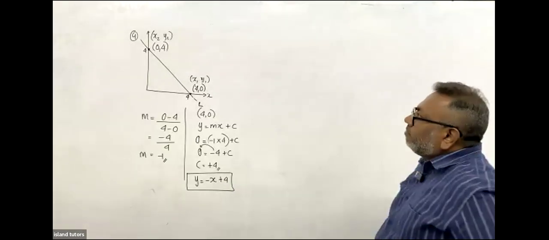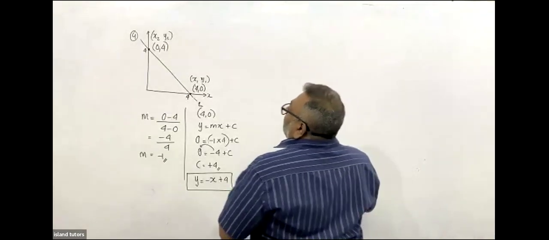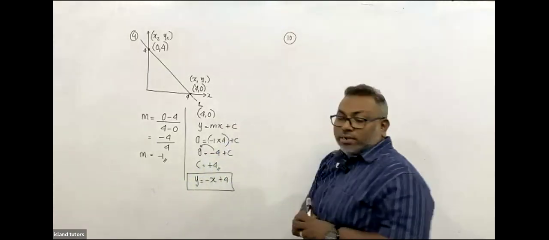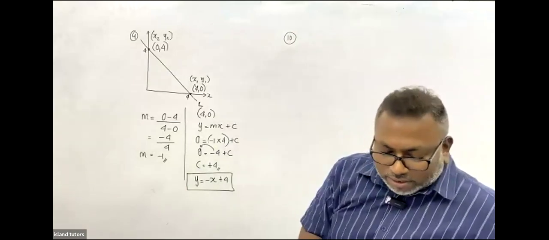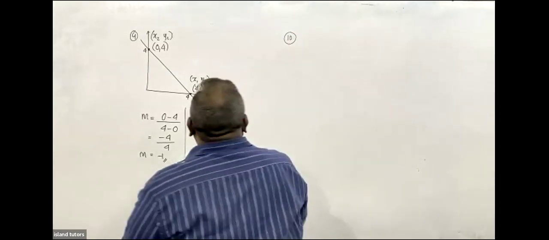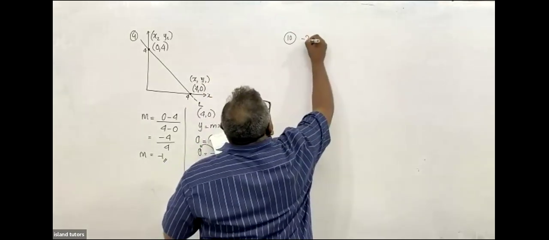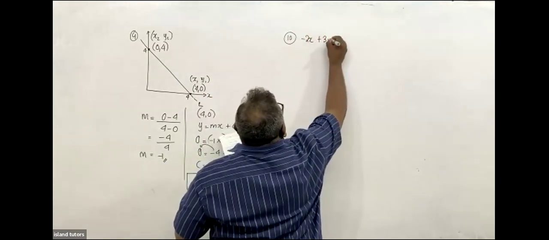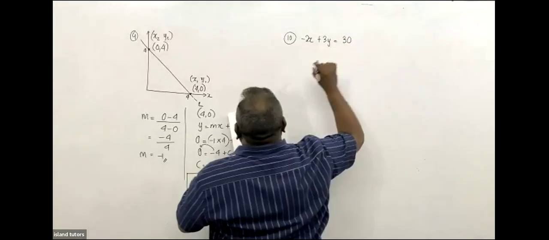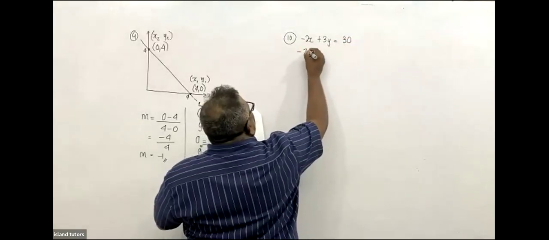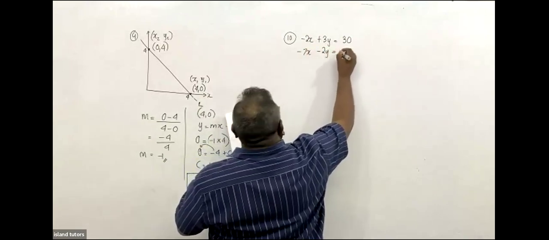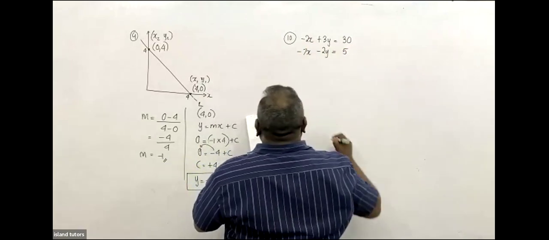Okay, right. Question number 10. Question number 10. They're saying there are two equations, minus 2x plus 3y is equal to 30 and minus 7x minus 2y is equal to 5.